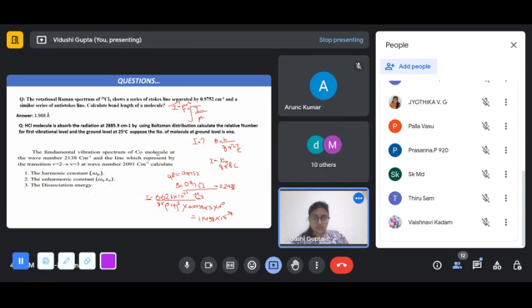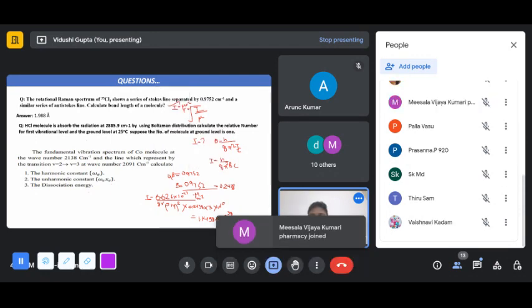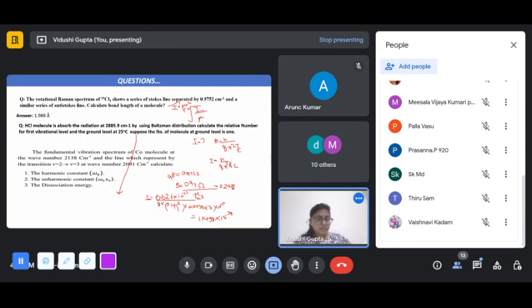So how will you calculate it? Do you know this formula? They're asking for the first vibrational level and the ground level.